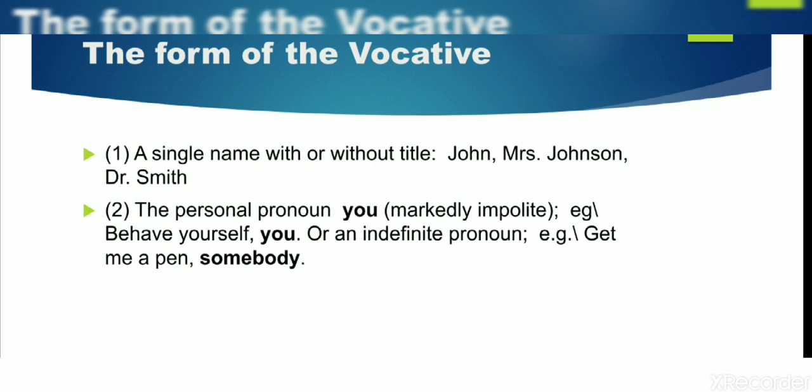So first, a single name with or without a title. So the names of people could be used as vocative, like John, Mrs. Johnson, Dr. Smith. So either without a title or with a title, we can use them in both cases as vocative.